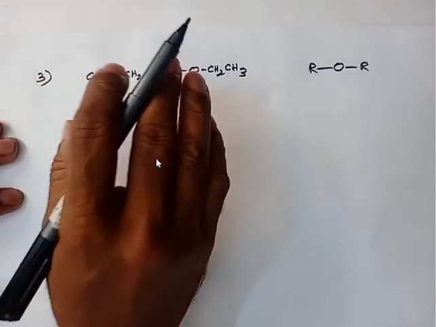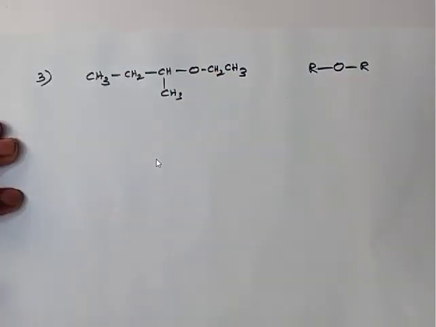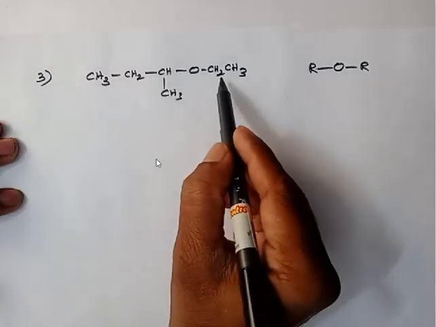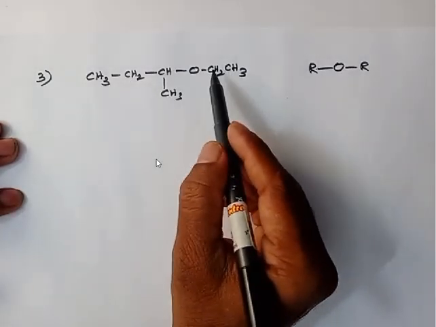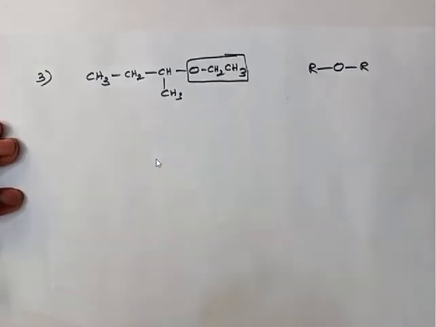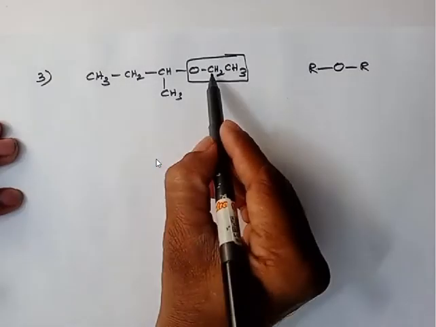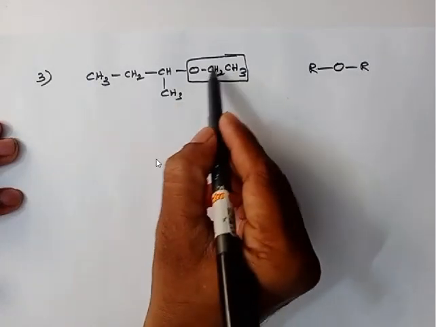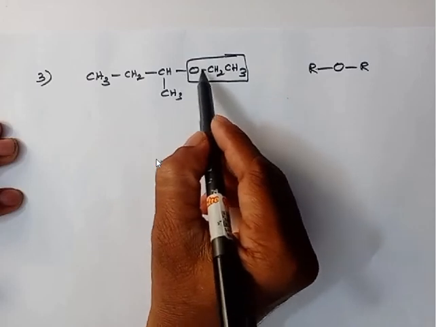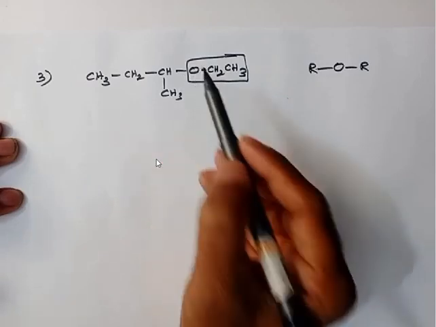Now, how to name an ether? See the alkyl groups attached. The one which contains the lesser number of carbons, that group should be taken along with the oxygen. See here we have 2 carbons, this side we have 4 carbons, so this is the simple alkyl. That simple alkyl should be taken along with oxygen.